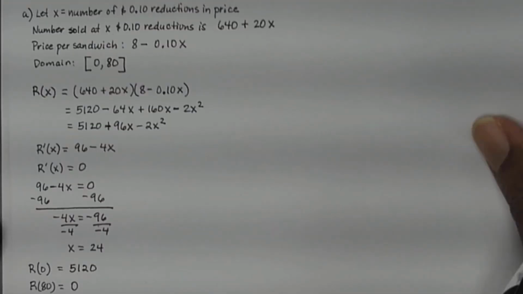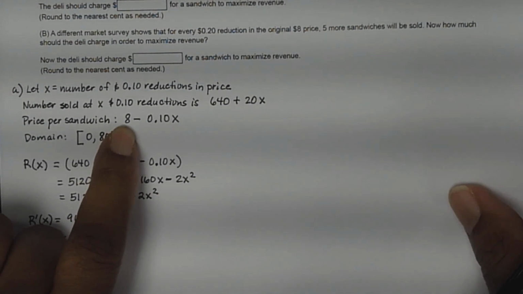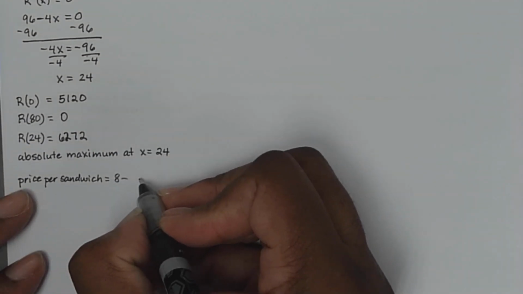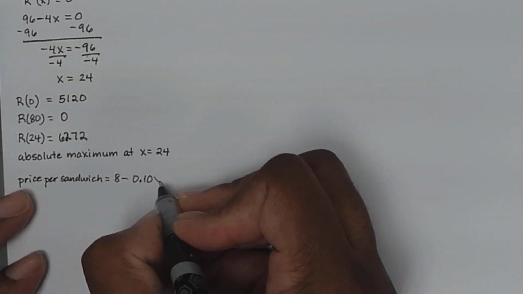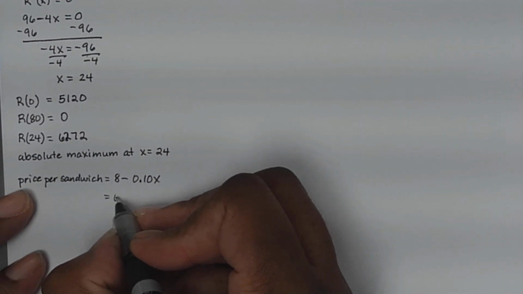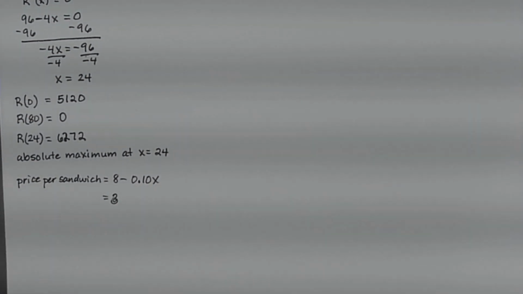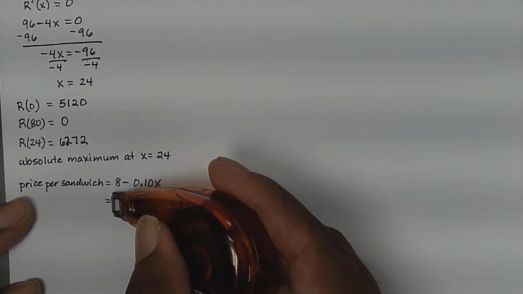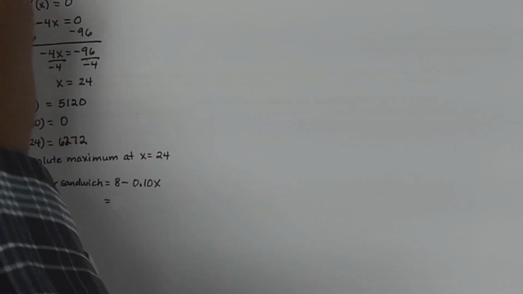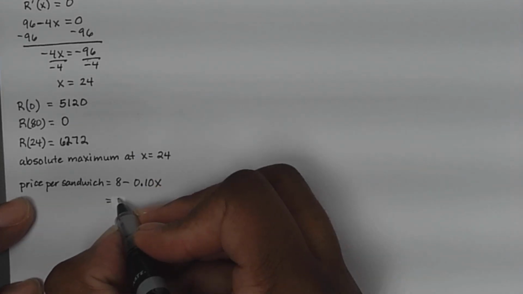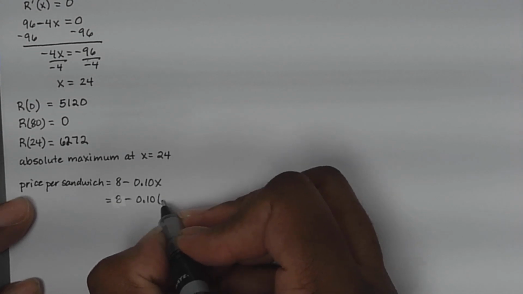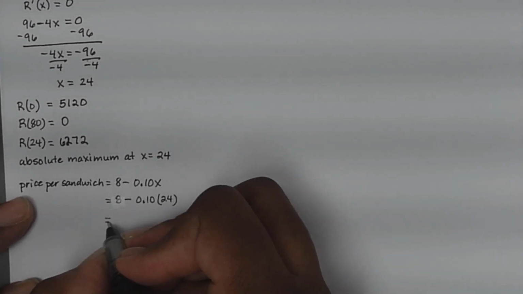If you go back up here, the price per sandwich we found to be 8 minus 0.10x, and x is going to be 24. So it'd be 8 minus 0.10 times 24.